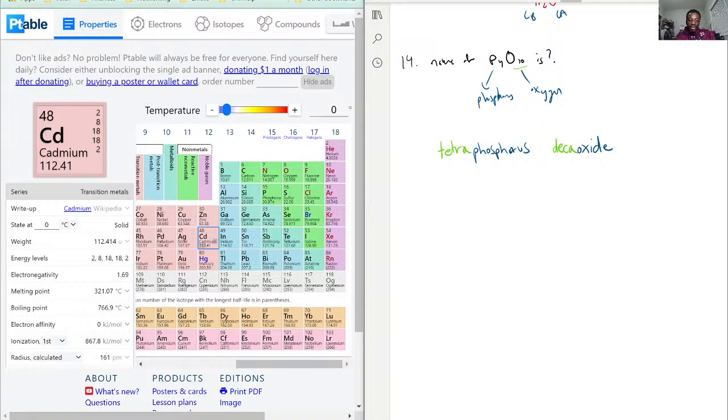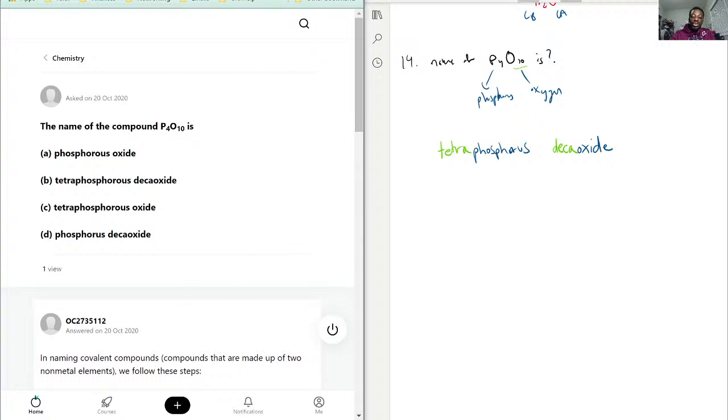That's the key there in terms of naming these, is that you have to make sure you account for the actual amount of atoms you have. And we do that by remembering our prefixes.